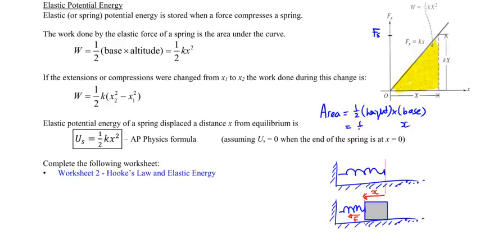So it's really 1/2 times kx multiplied by x, which is really just equal to 1/2 kx squared. That represents the area, and we mentioned earlier that the area represents either the spring potential energy or the work that is done. So this is really equal to the spring potential energy.